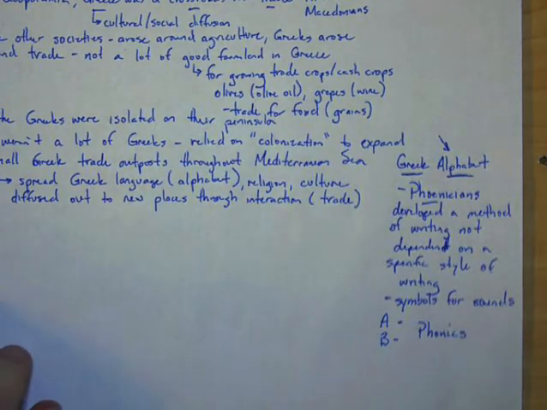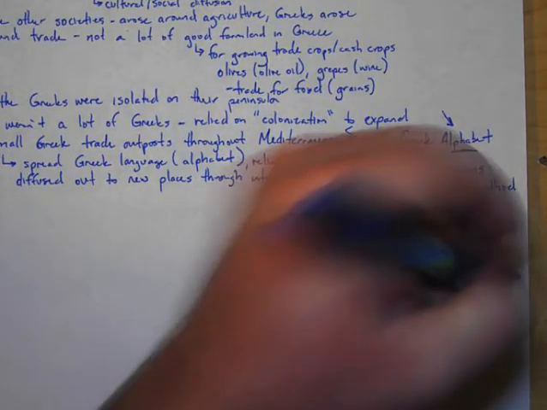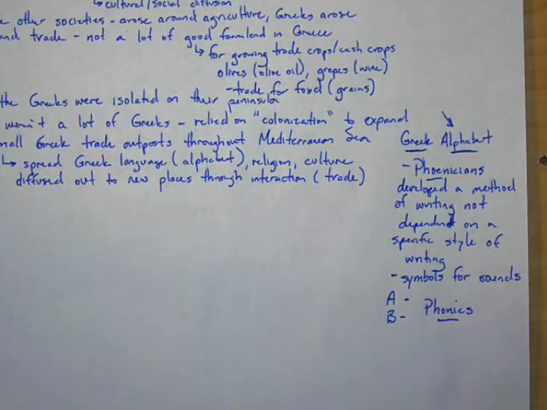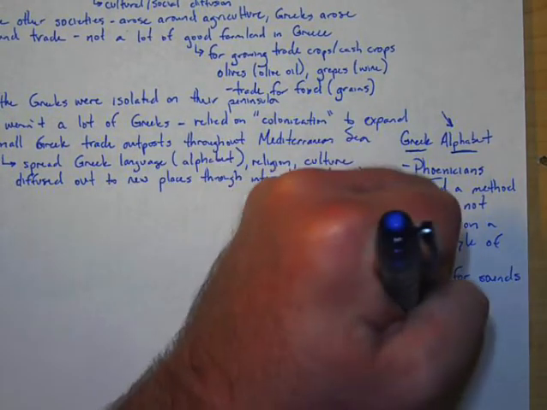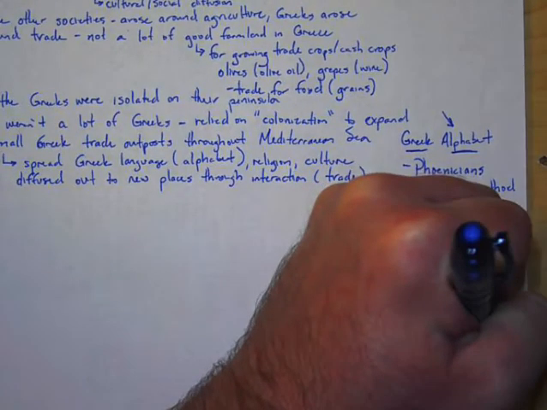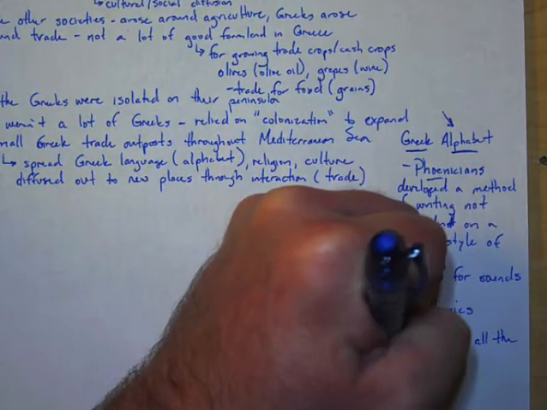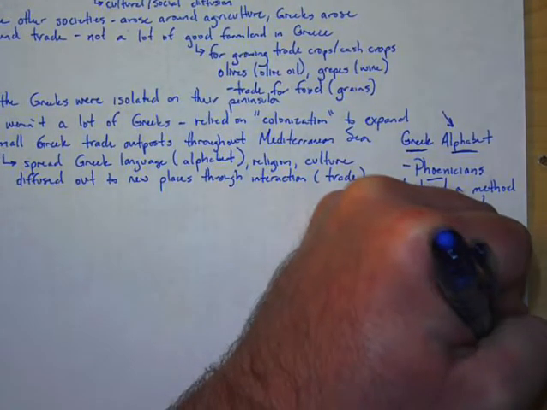That's a way of sounding out words, basically. It comes from the Phoenicians. And the reason they did that is because they are the ones trading with all the people with different styles of record keeping.